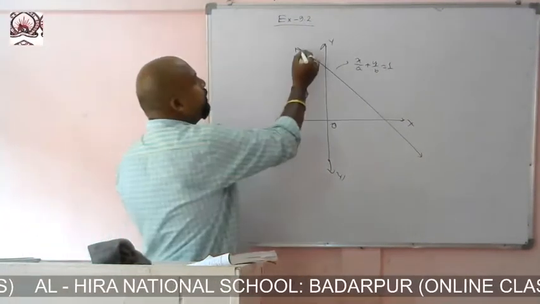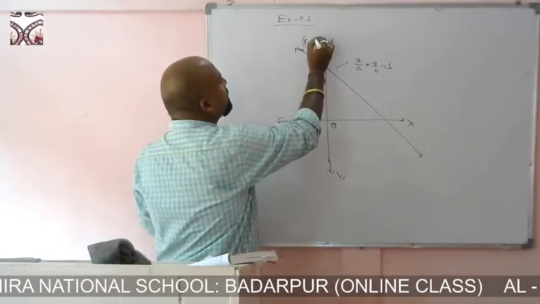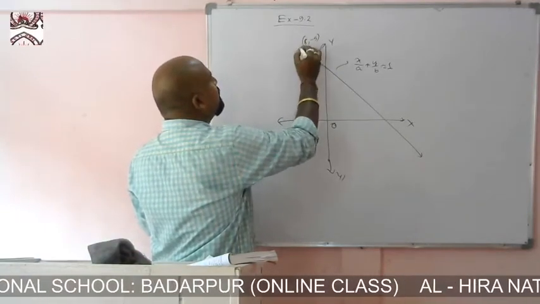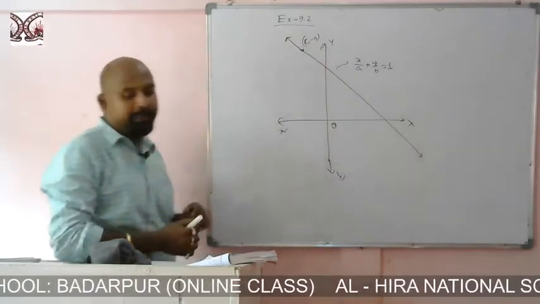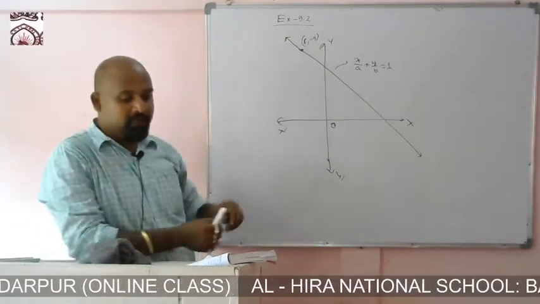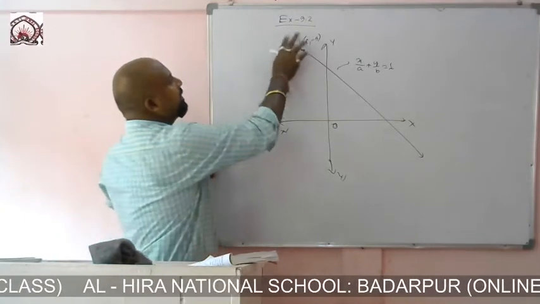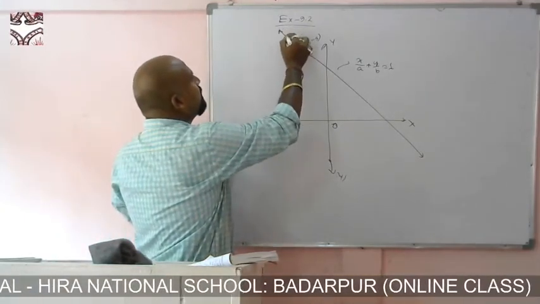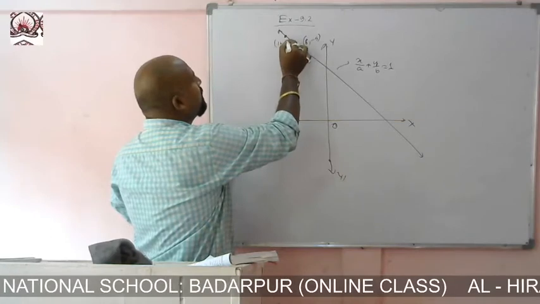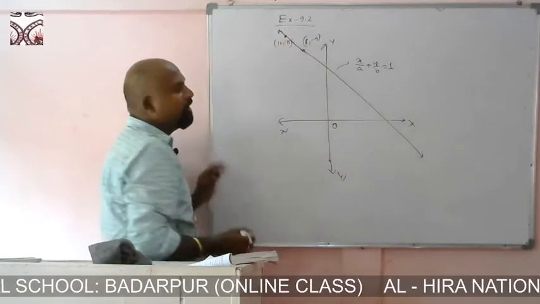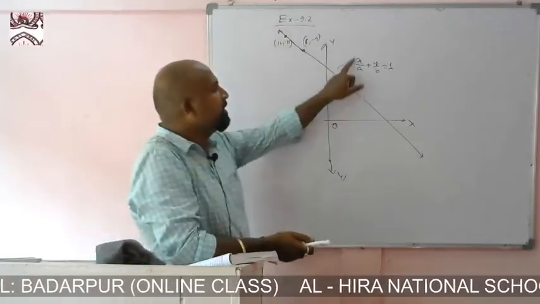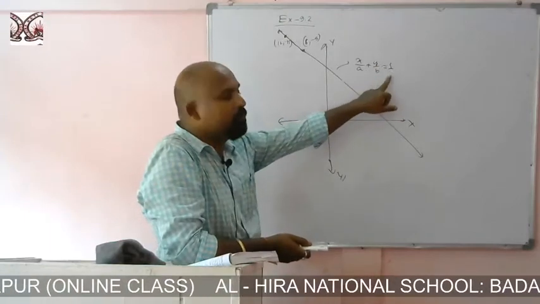Let us consider this point (8, -9) on the line, and take another point (12, -15). Now the equation of the line is x by a plus y by b equal to 1.